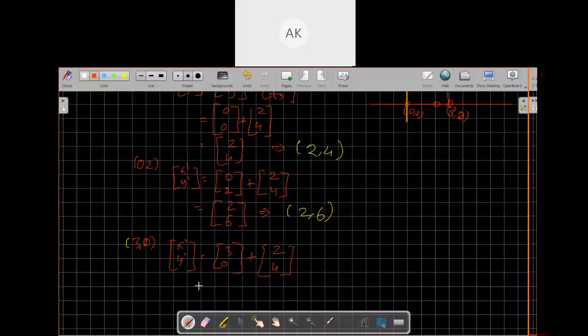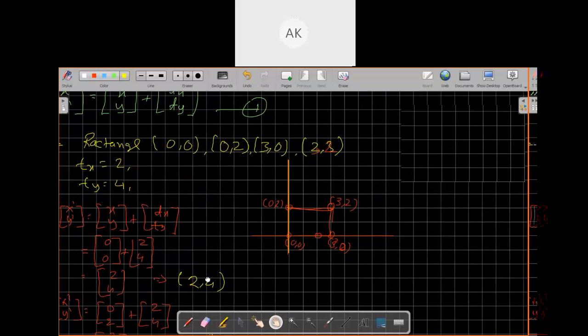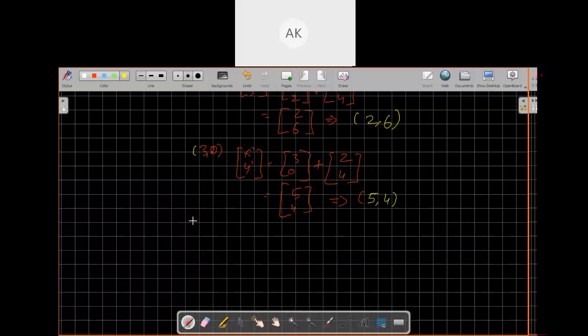Calculate for the other points. The point 3 0: the current position 3 0 plus the translation parameter 2 4.